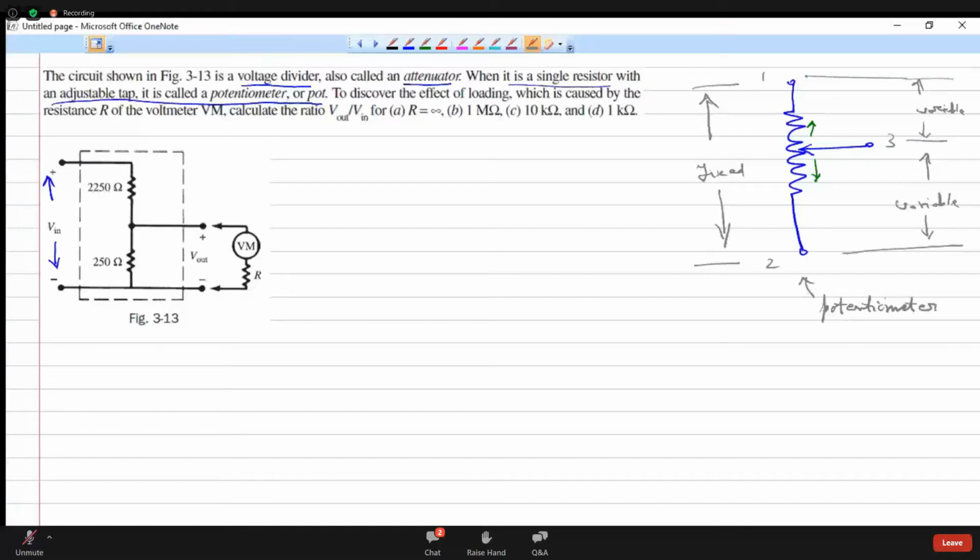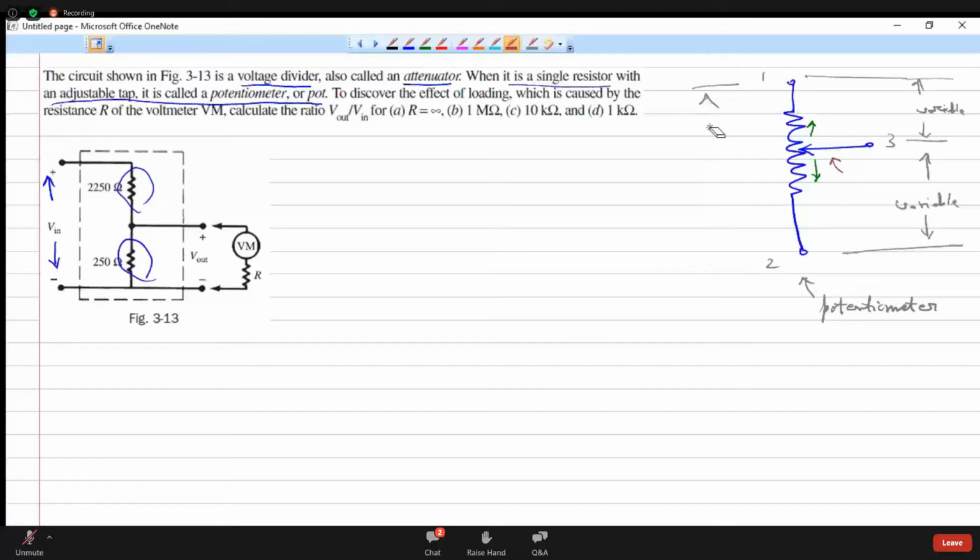So we can have a voltage divider like this, where we have a fixed resistance. The other option is a variable resistor like this, where we have a tap that is movable, and we can get a voltage divider. So why is it called a voltage divider?